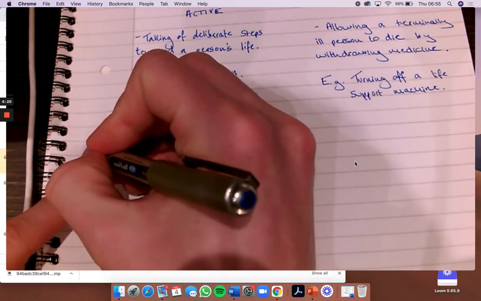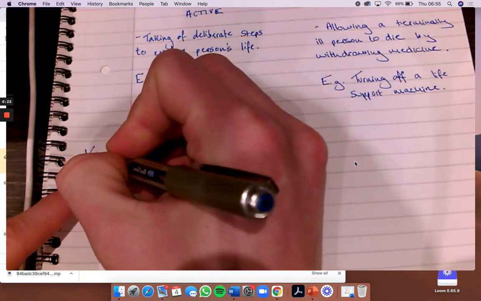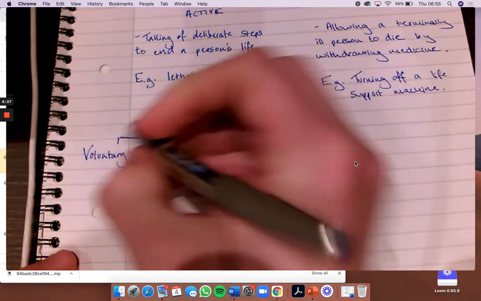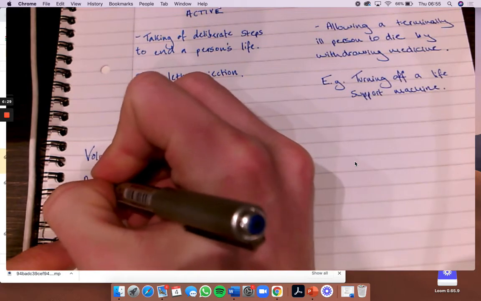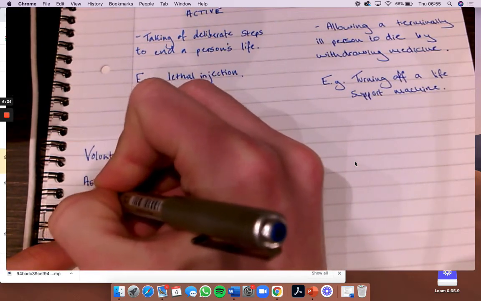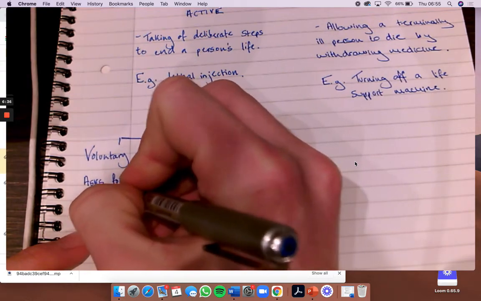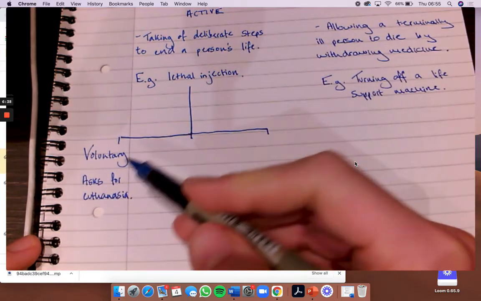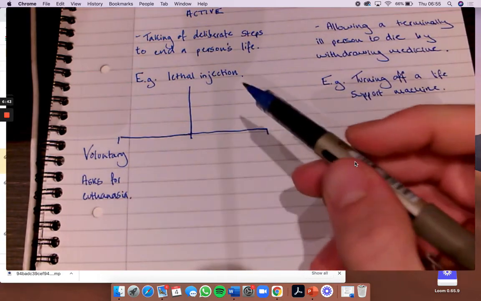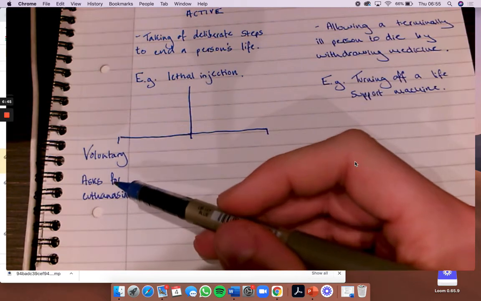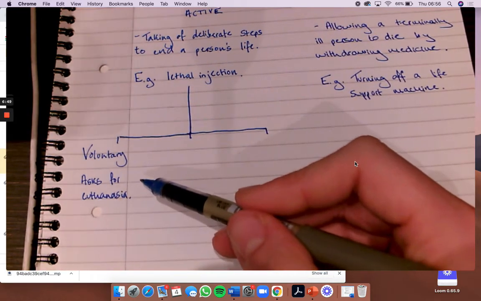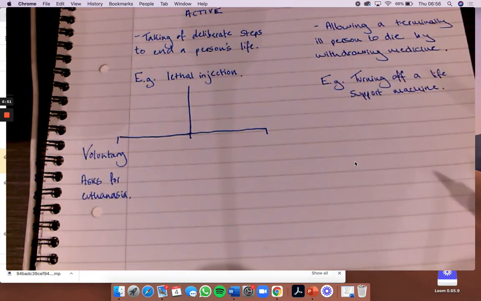The first type is voluntary. And this is when someone asks for euthanasia. So, for example, someone might be ill, terminally ill in hospital, and they might say, I really want to die, my quality of life isn't good enough, I would like euthanasia.